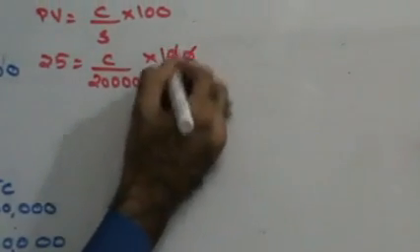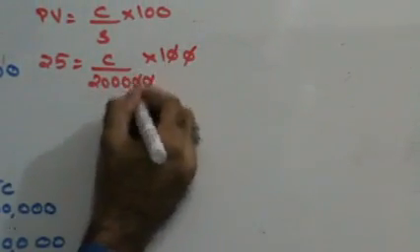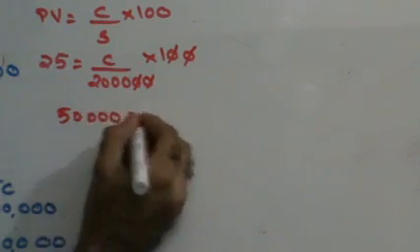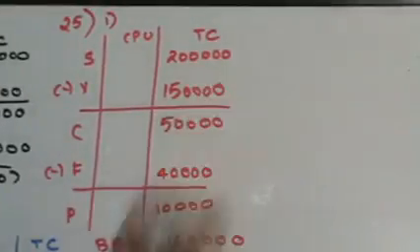Therefore I can say 25 is C upon S. S is given to you as 2 lakhs into 100. 0, 0 gone. 25 2s are 50 and another 3 zeros is C. So my contribution is going to be 50,000. If contribution is 50,000, profit is going to be 10,000 and variable cost is going to be 1,50,000.